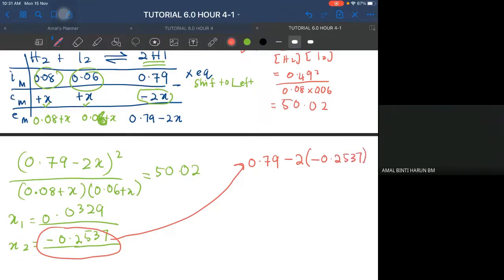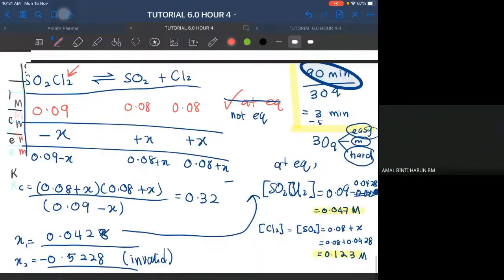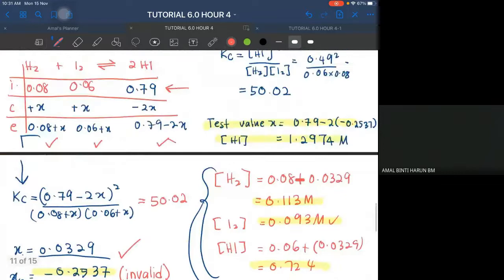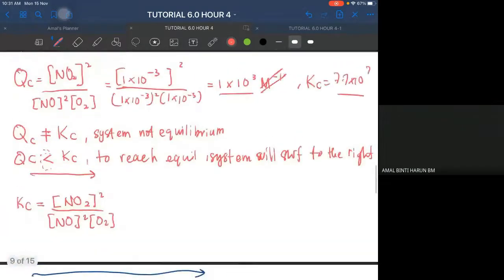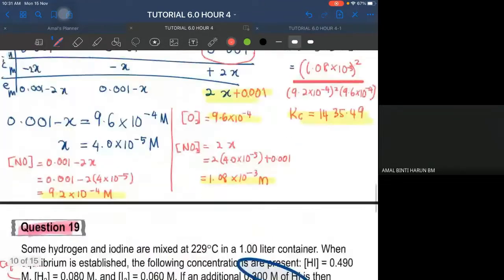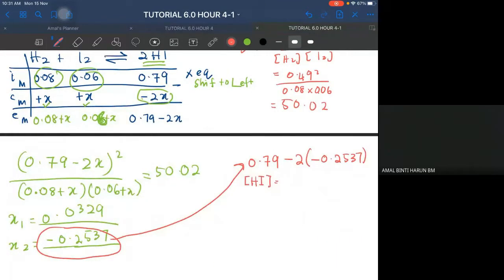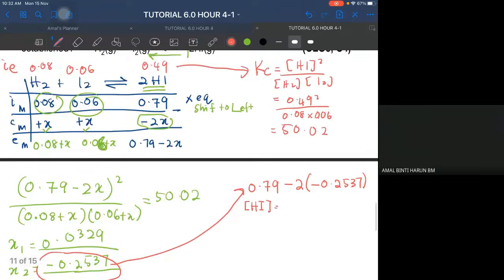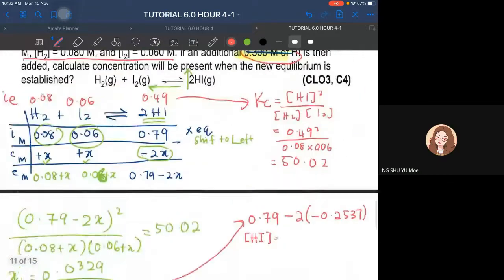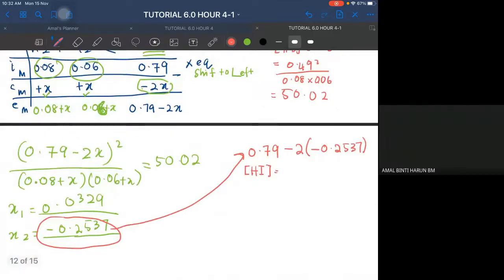Can someone press the calculator for me? 0.79 minus 2 times negative this one. It is 1.2974.